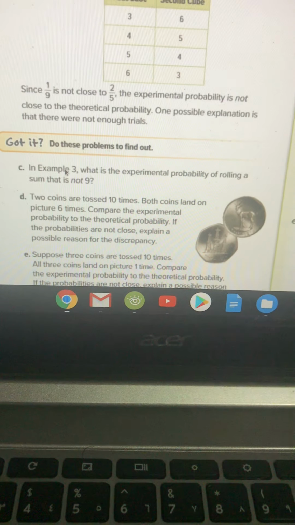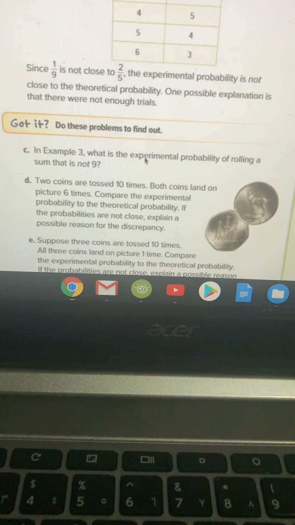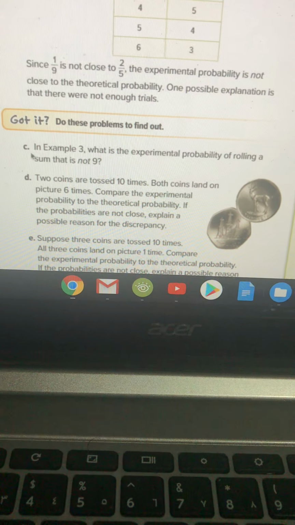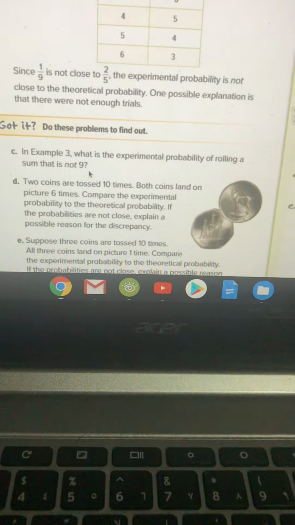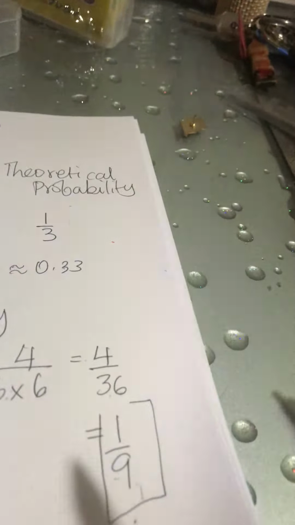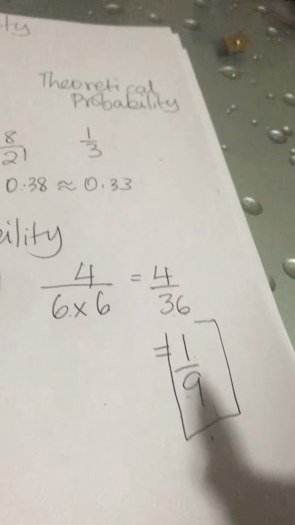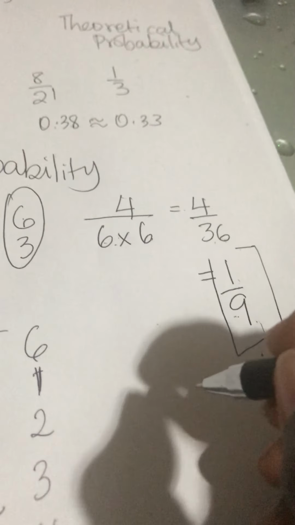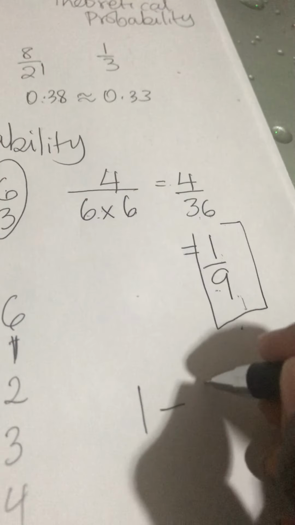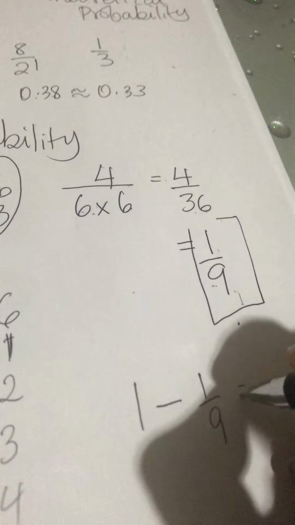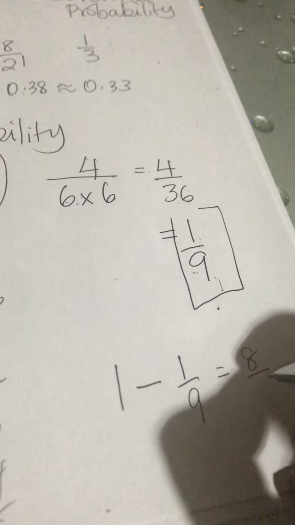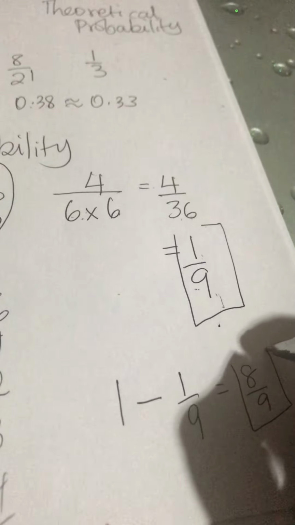In example 3, what is the experimental probability of a sum that is not 9? Not 9 will be you minus this from 1. So you will do 1 minus 1 over 9, and you should get 8 over 9. Remember that.